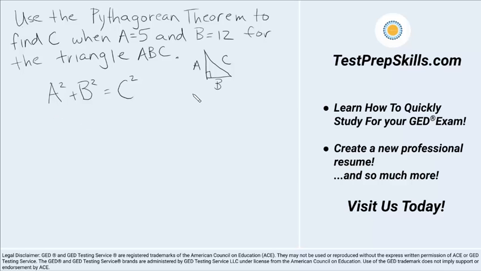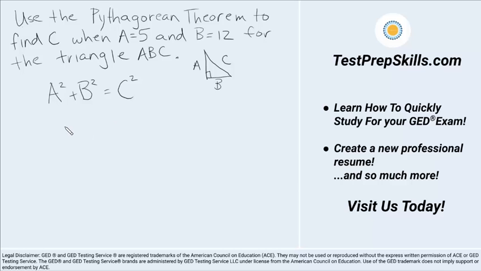So the Pythagorean theorem states that if we square the two sides, the opposite and the adjacent sides, not the hypotenuse, and we add those two together, so here we have a squared plus b squared, they're going to equal the hypotenuse squared. Okay, so in this case, we have a squared plus b squared is going to equal c squared. We don't know c. We're trying to find c.